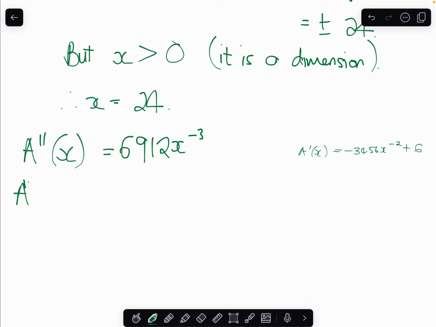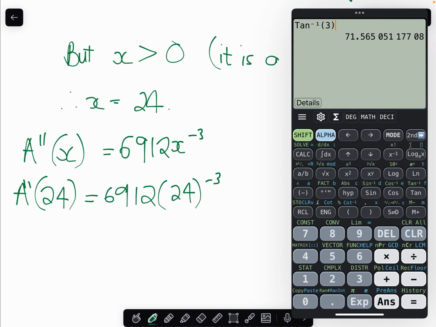So now if we look at the value of A double prime when x is equal to 24, well, okay, what do we see? Let's put it into the calculator. So that will be 6912 times 24 to the negative 3. I had messed up some numbers. When I did this video yesterday, I got some very funky numbers when I put this in, and I think it's because I messed up my sum.